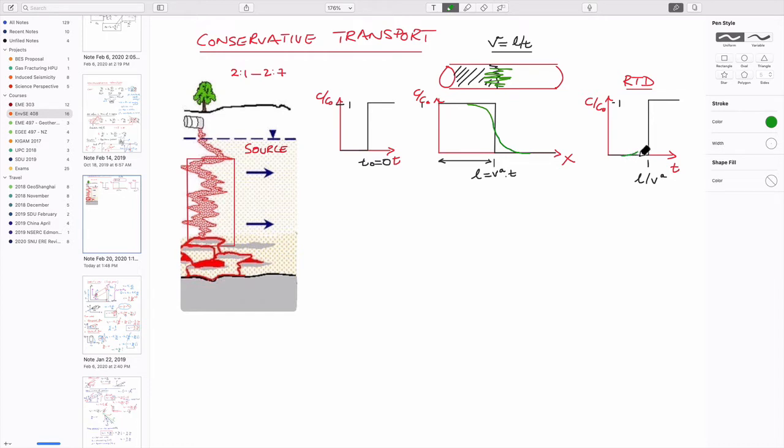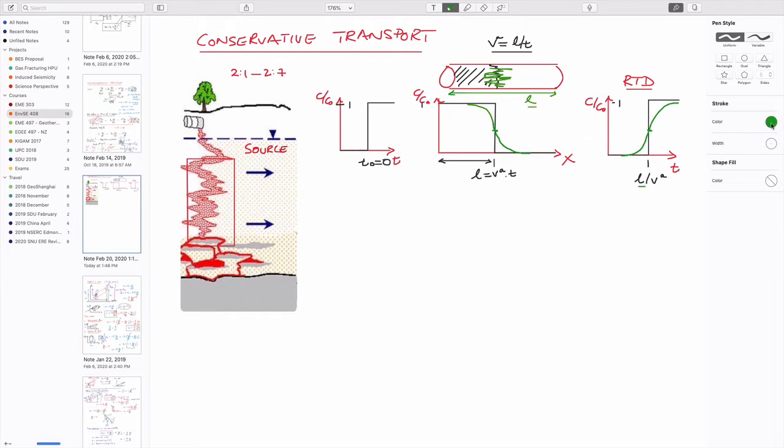That means the residence time distribution is also distributed around this behavior. You get some early arrivals from these parts, and some late arrivals because these parts have to work their way through the system. And this would be the particular length used here to get out the other side.